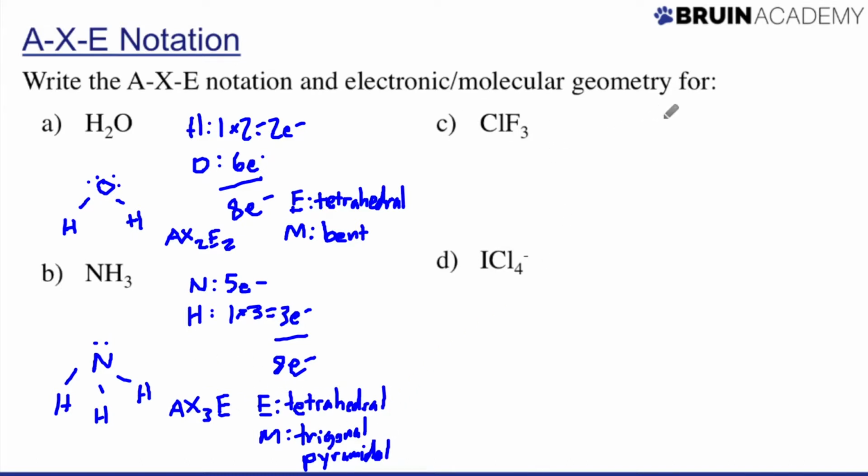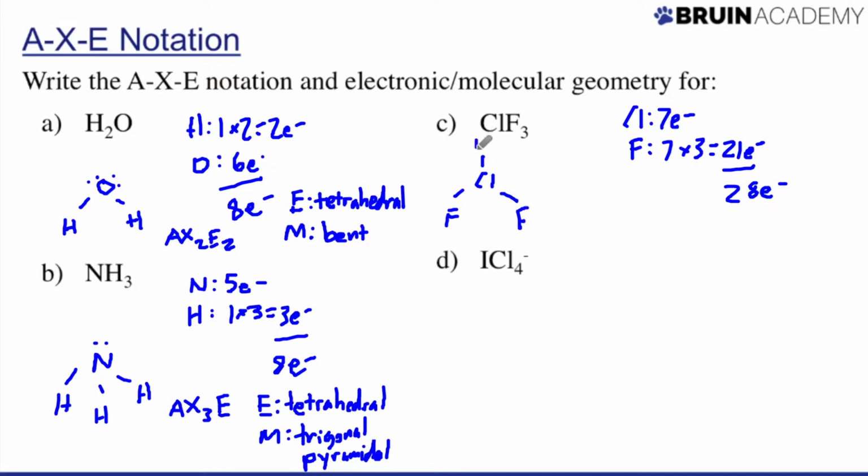So let's do ClF3. Chlorine has 7 valence electrons. So does fluorine, but I have 3 of them. So that gets me 21 valence electrons for a total of 28. The less electronegative element goes in the middle, which is chlorine. And so I attach that to 3 fluorines.